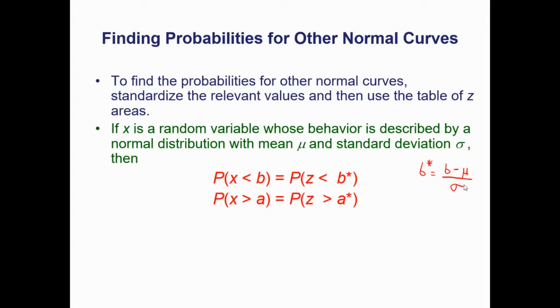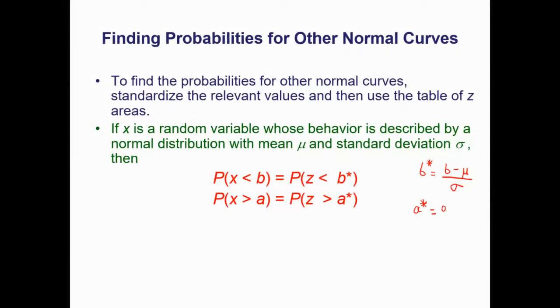And let's say we have a probability that x is greater than a. That's the probability that z is greater than a star. Even though our sign is greater than, a star is found the same way.